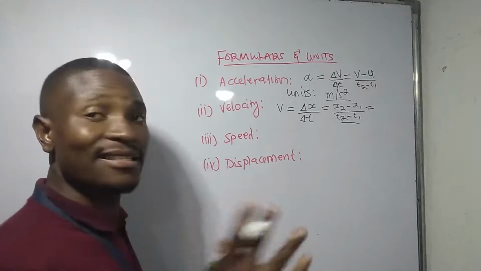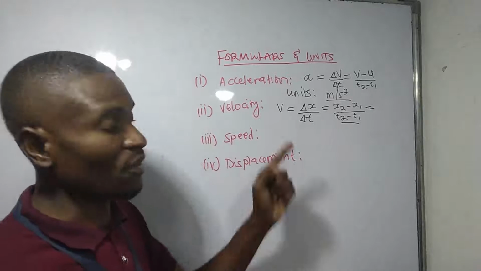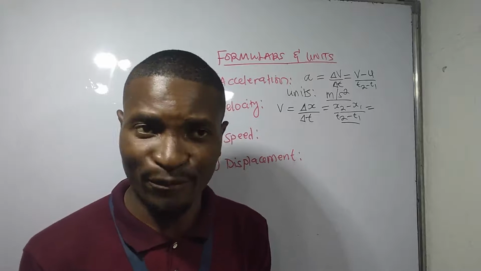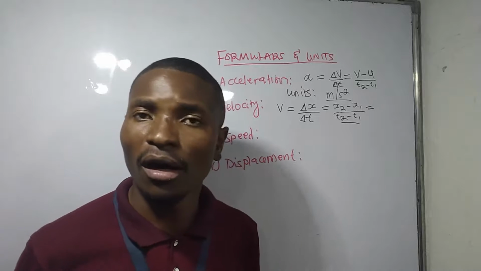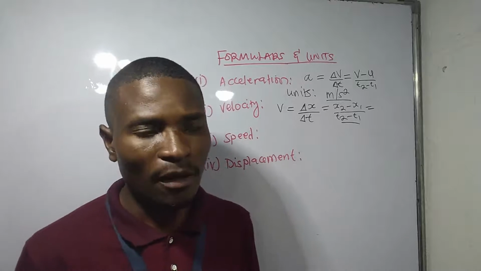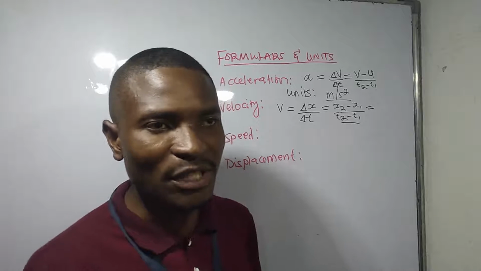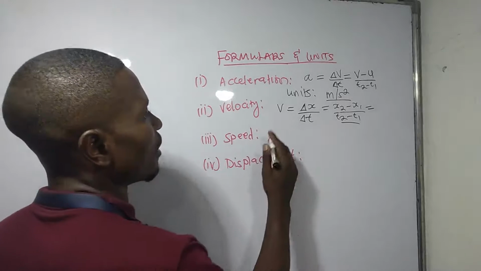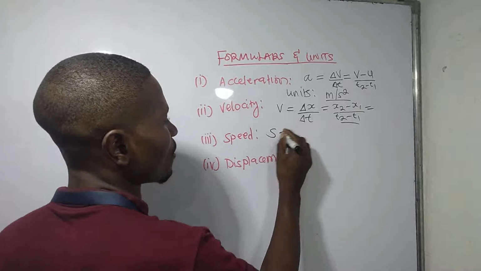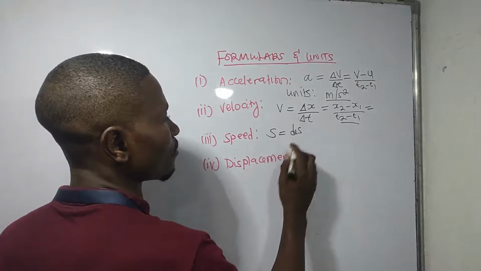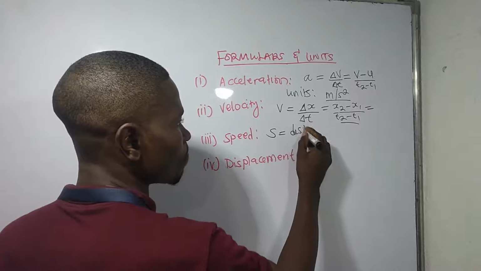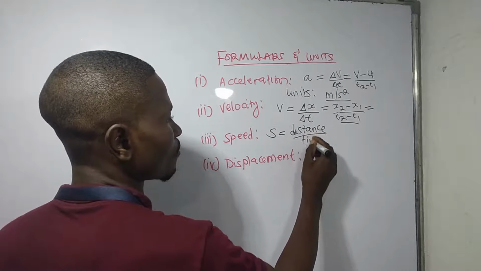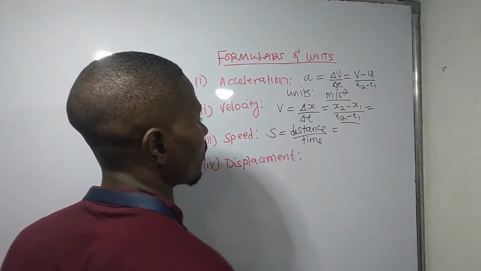Now speed is the same as velocity, except that speed will never be negative, because there is no change in direction. So speed equals distance over time.